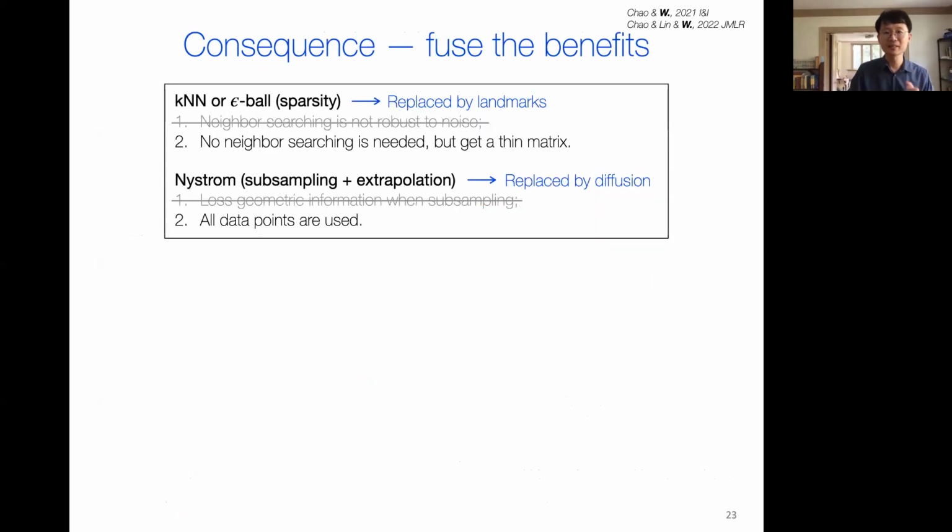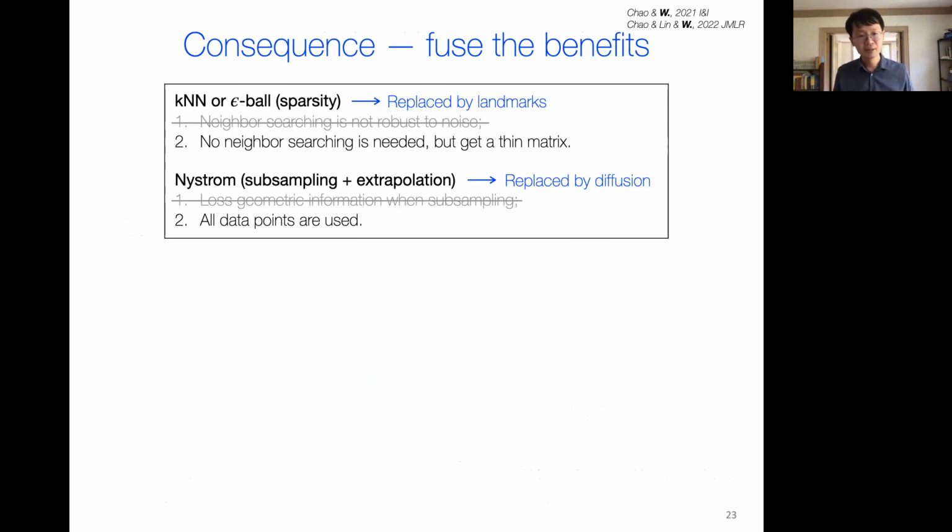The direct consequences and benefits of this algorithm are the following. First, you don't need to find neighbors. You replace the neighboring information by landmarks, and there's nothing you need to search, so you get the sparsity directly.